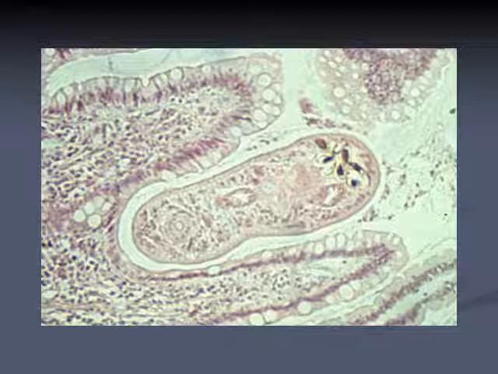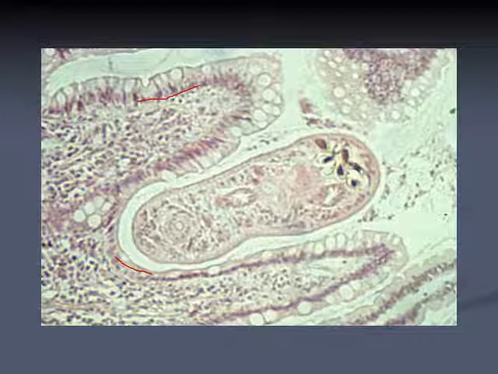Here we can see that the intestinal mucosa is having a proliferation of goblet cells, and also there is thinning of the mucosa here because of the inflammatory effect and the pressure of the worm itself.